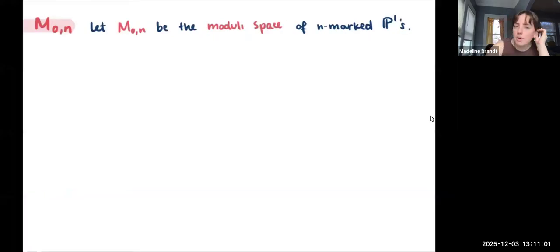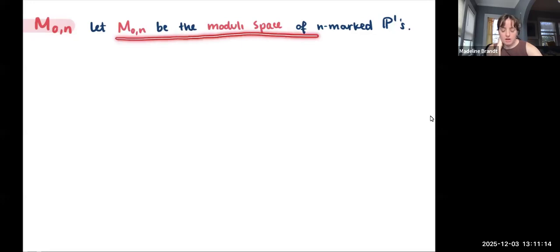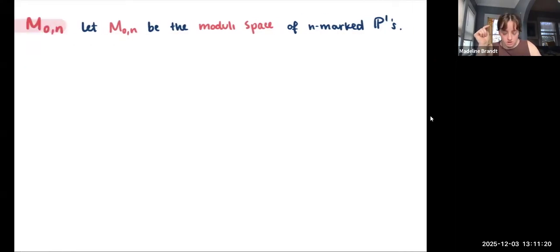Okay, so it is a theorem that there is a moduli space of such objects, and we'll construct the first few examples, but I'm just going to let M0n denote the moduli space of n-marked P1s. So let's look at what this is for n equals 3.